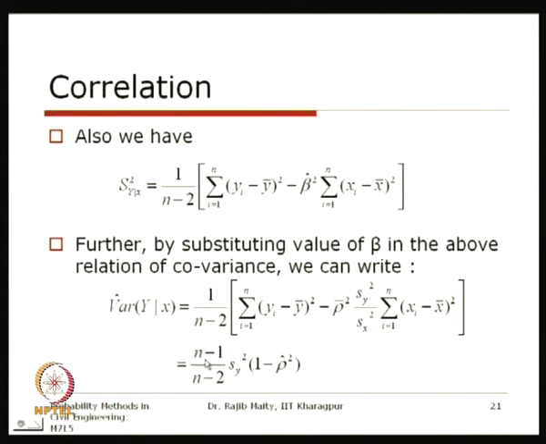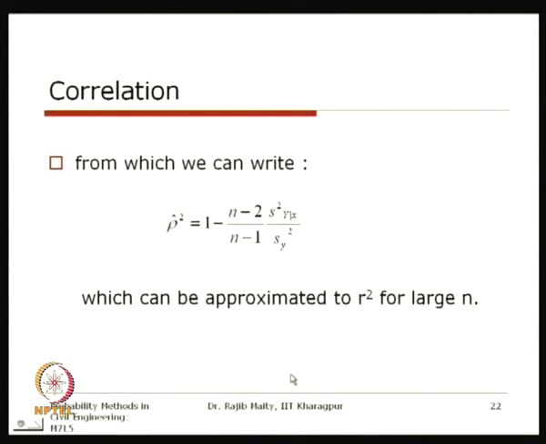Now, say that n is very large, meaning a large number of observations is available. Then this factor can be equated to unity, and we can say that this will be equal to s_y square into 1 minus rho hat square.